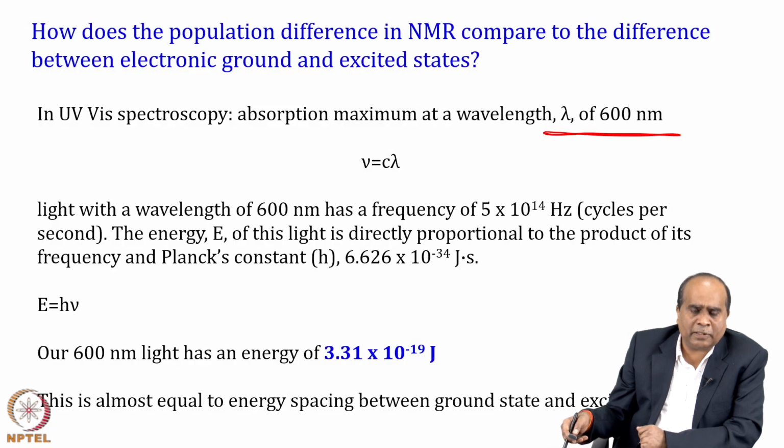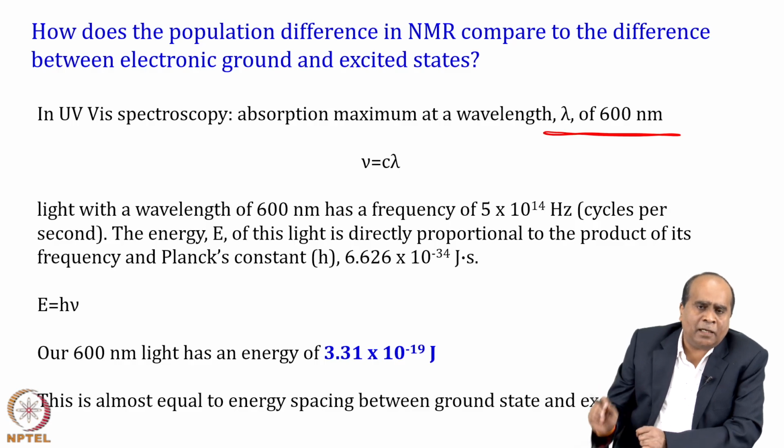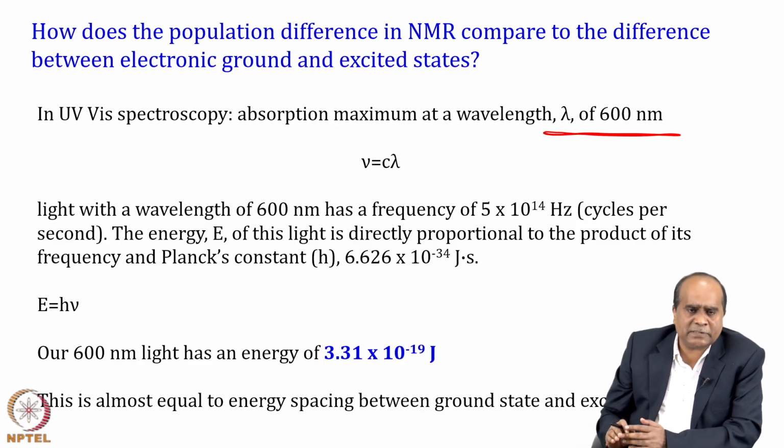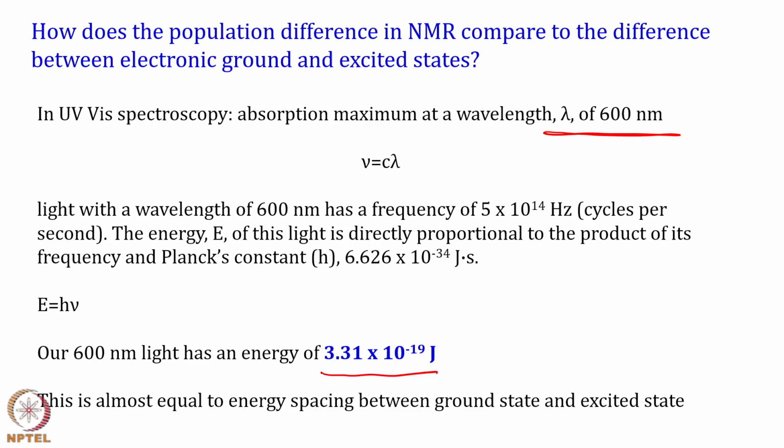A 600 nanometer light has a frequency of 5 multiplied by 10 to the power 14 cycles per second, that is hertz, and energy is directly proportional to frequency, and Planck's constant we know is 6.623 into 10 to the power minus 34 joule second. So, the h mu for 600 nanometer light will be 3.31 into 10 to the power minus 19 joule. This is almost equal to the energy spacing between the ground state and excited state, that is delta E, for the electronic state.